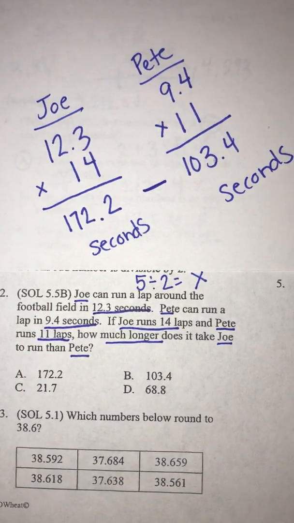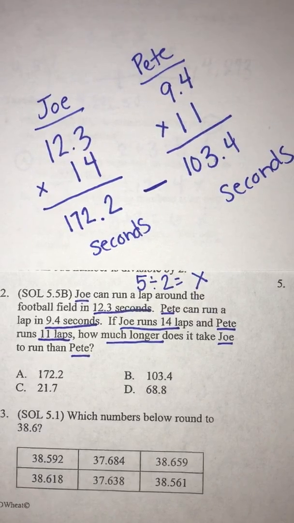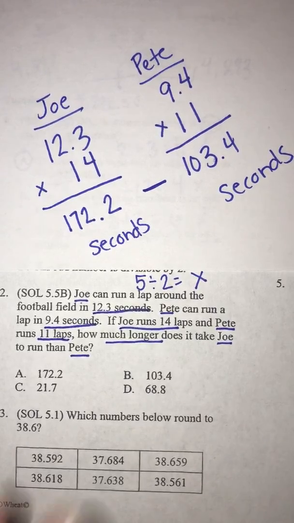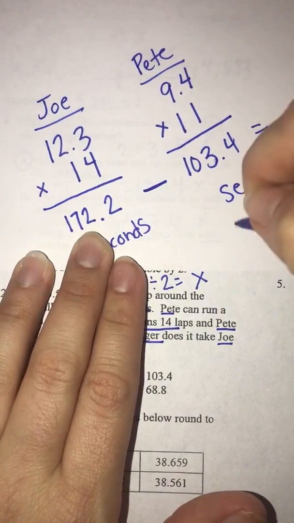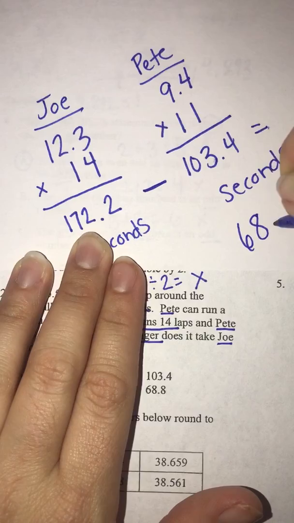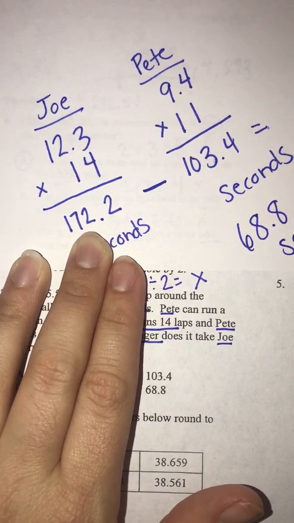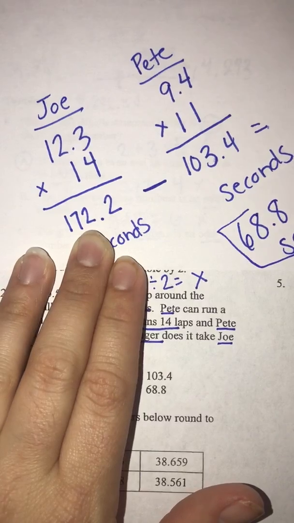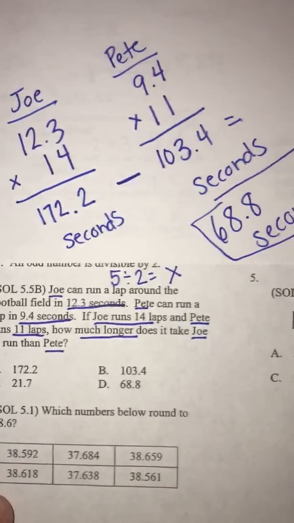So I'm going to type in 172.2, which is Joe, and I'm going to subtract Pete, who is 103.4. And when I do that, I get 68.8 seconds. So he's faster by 68.8 seconds.